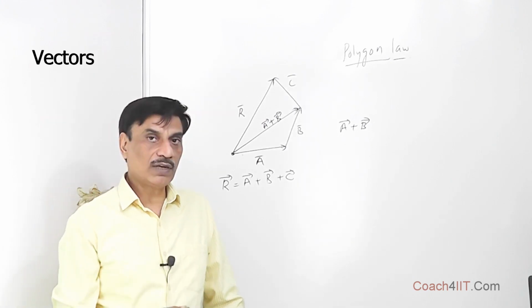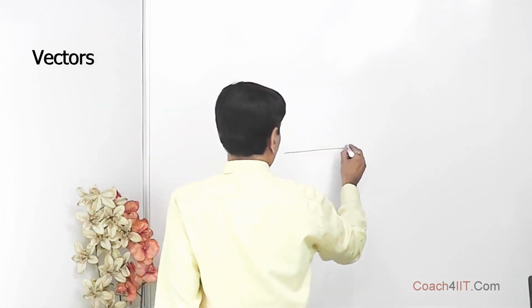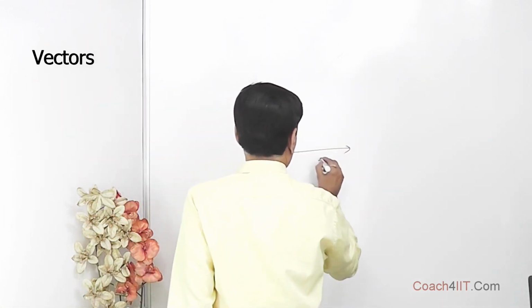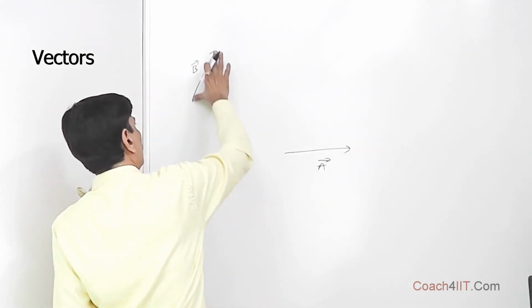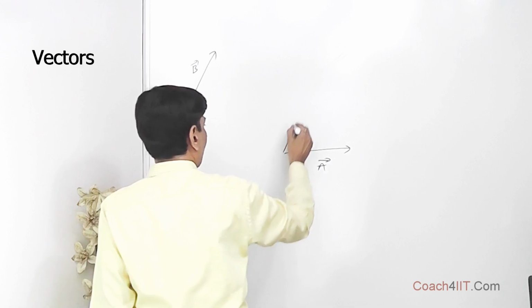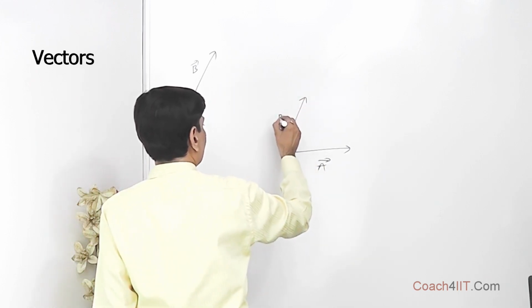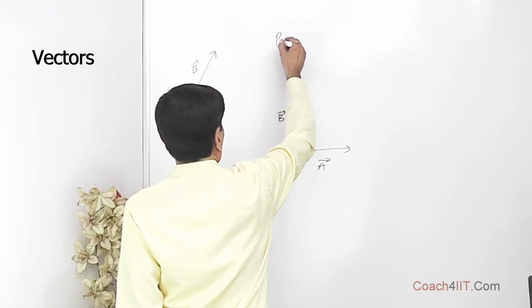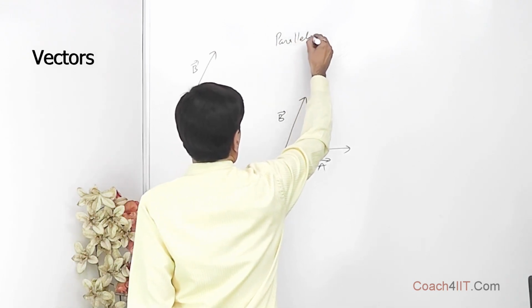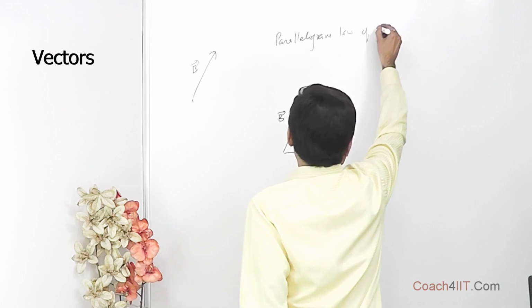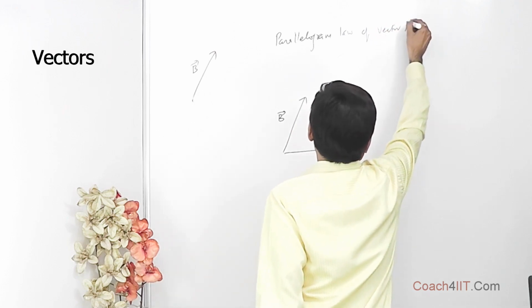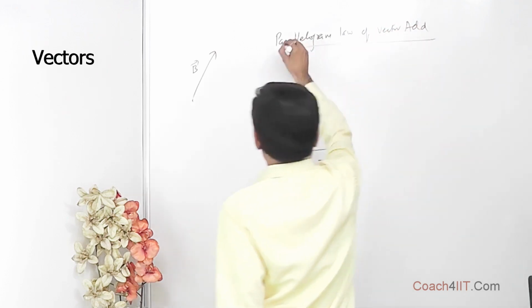The parallelogram method of vector addition says, if you have two vectors, this is vector A, and over here you have a vector B, you move this vector and join these two vectors tail to tail. That is the first step. We are talking about the parallelogram law of vector addition.